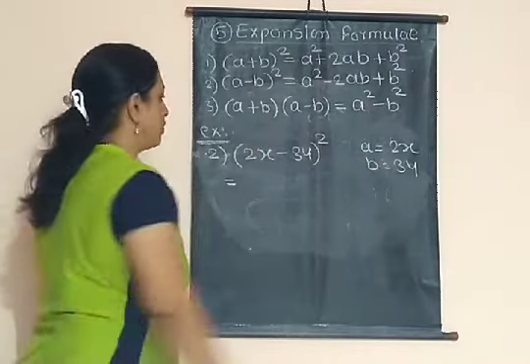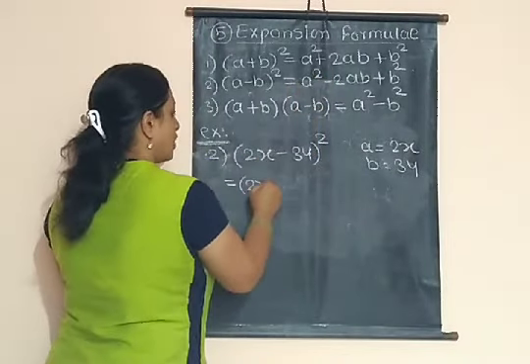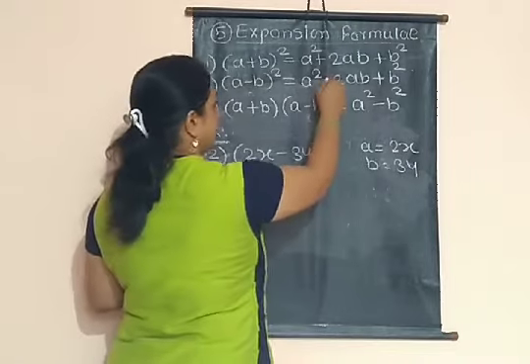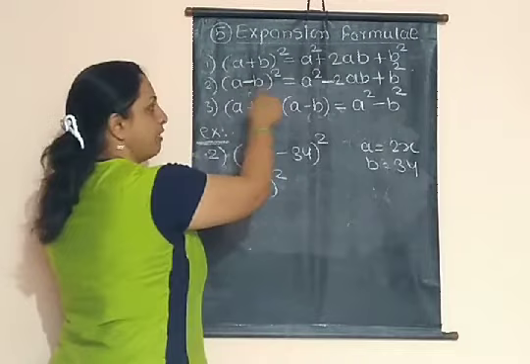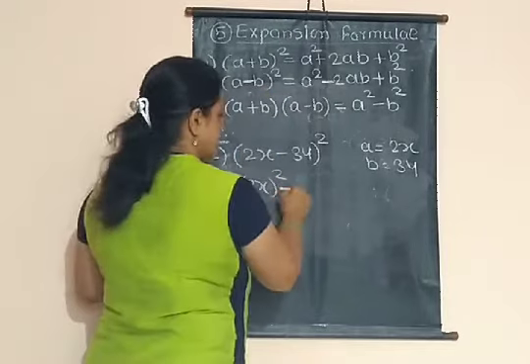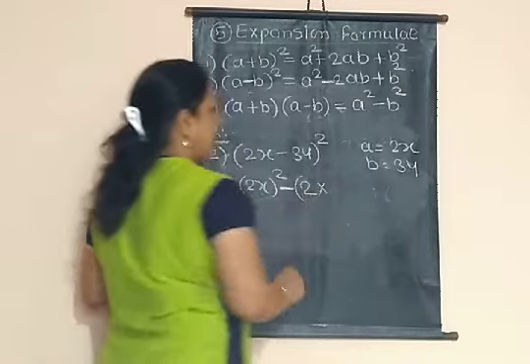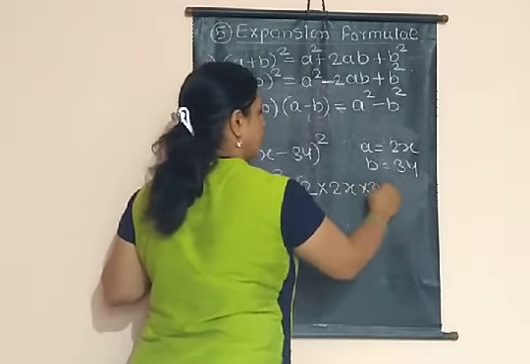Okay, so first we have to take the square of the first term. It means (twice x) bracket square. Now after that we have to take here negative sign, because in this formula we have to take here negative sign. So minus 2 multiplied by a into b, that is 2x into 3y.